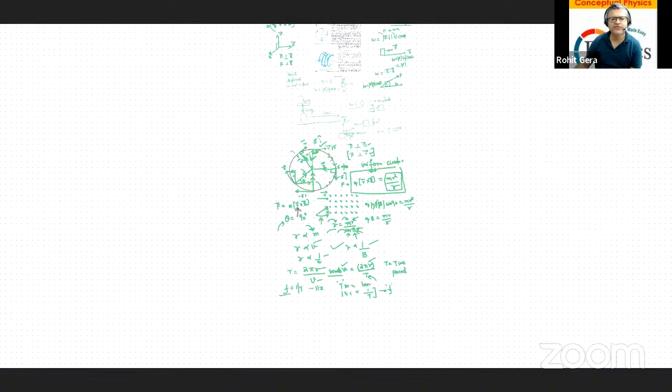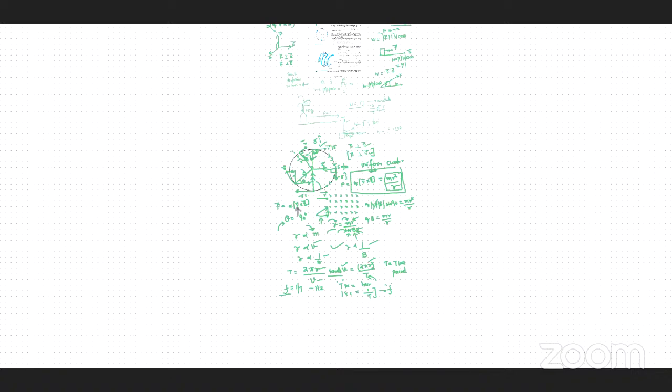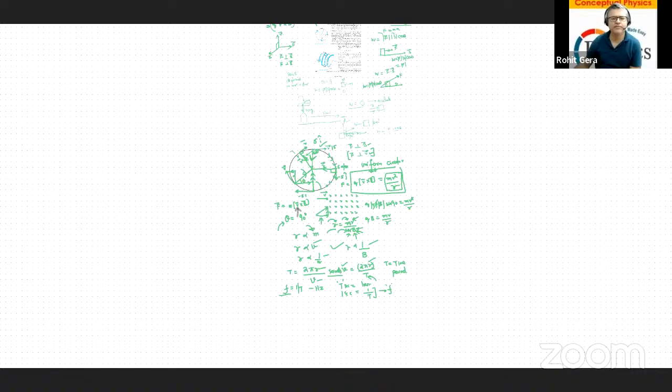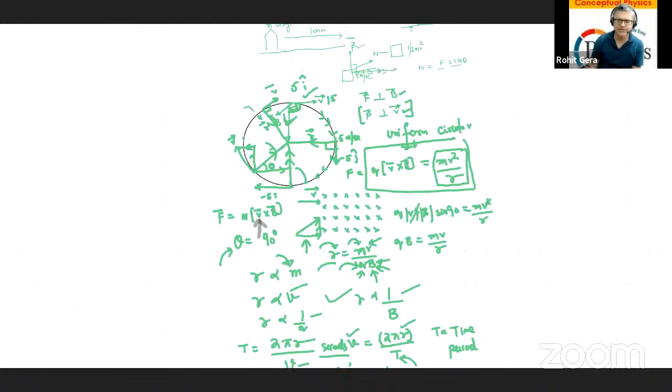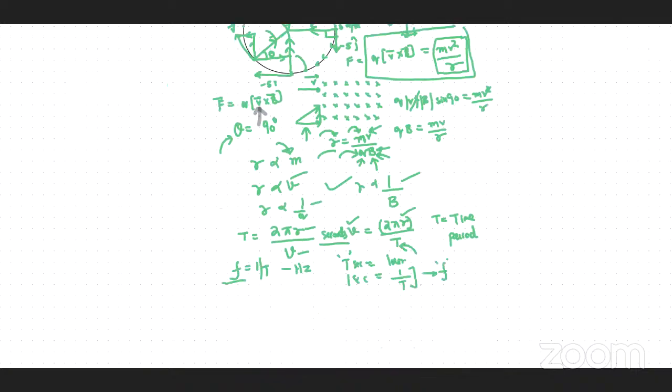Now we realize this force has a unique characteristic that it can result in a circular motion because it is always perpendicular to the velocity. And therefore we started applying the concept of uniform circular motion, with an assumption that the angle between velocity and B is always 90 degrees. Understood. All right.